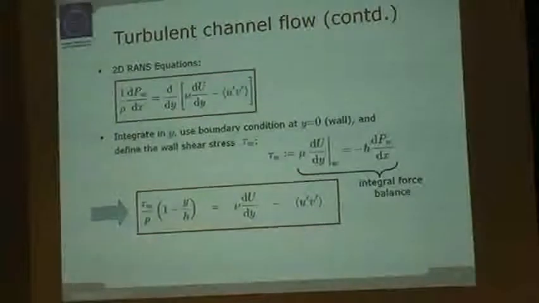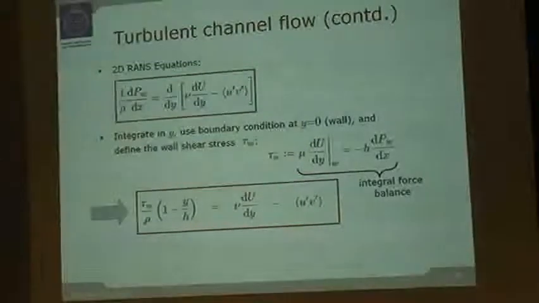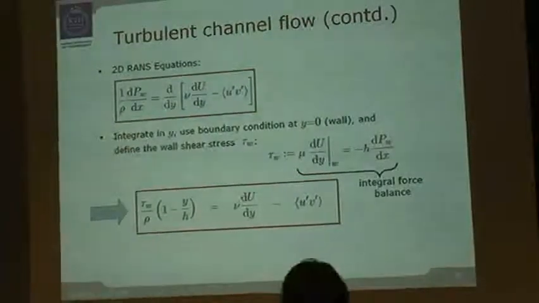When we integrate this equation in y, we can then use boundary conditions, which we know at the wall. In particular, we know that at the wall there is no Reynolds shear stress. The other aspect is that we can define the wall shear stress, the stress that is acting on the wall. Using an integral force balance, we can relate this shear stress at the wall to the pressure gradient.